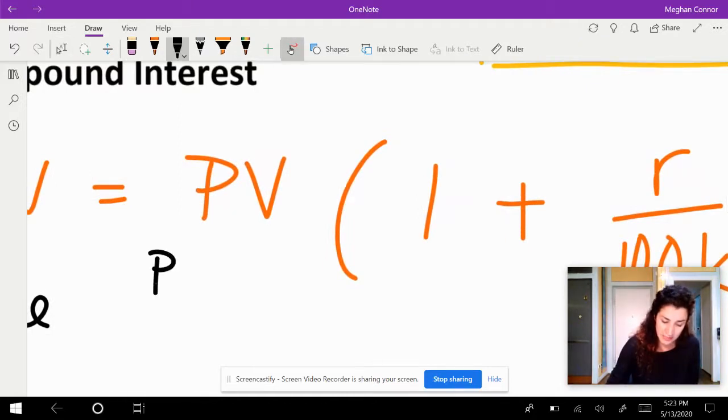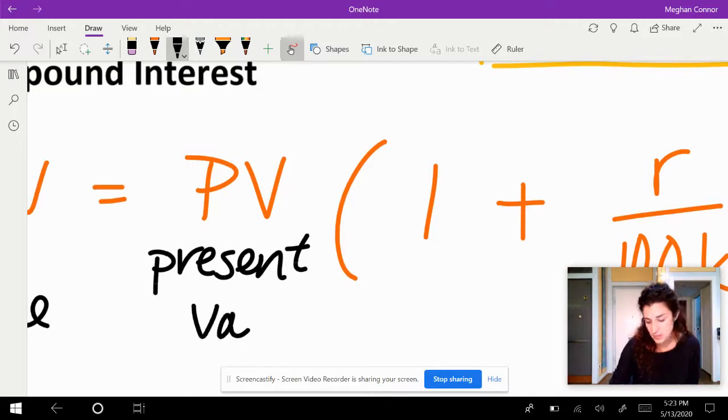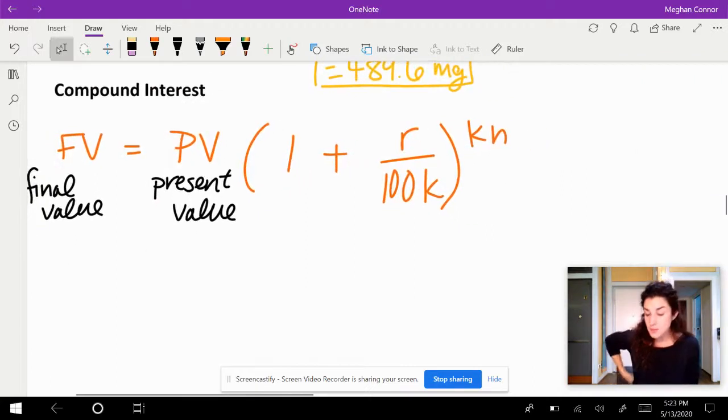I actually really don't like that they call it PV, because really it's your initial value. It's the amount initially put into the bank that gains a percentage interest rate as it sits there, or maybe it's your original amount that you loaned from a bank and the percentage interest rate that comes from that.